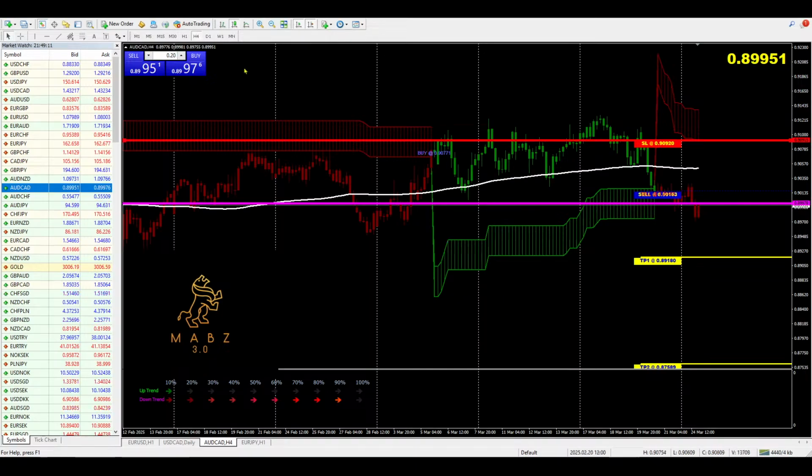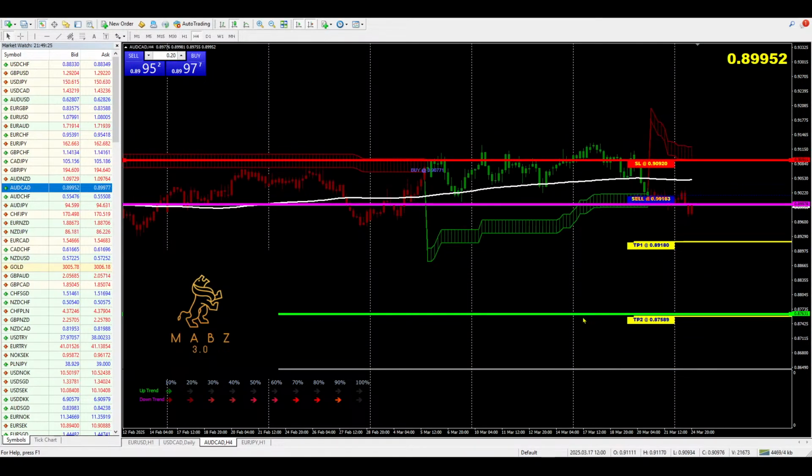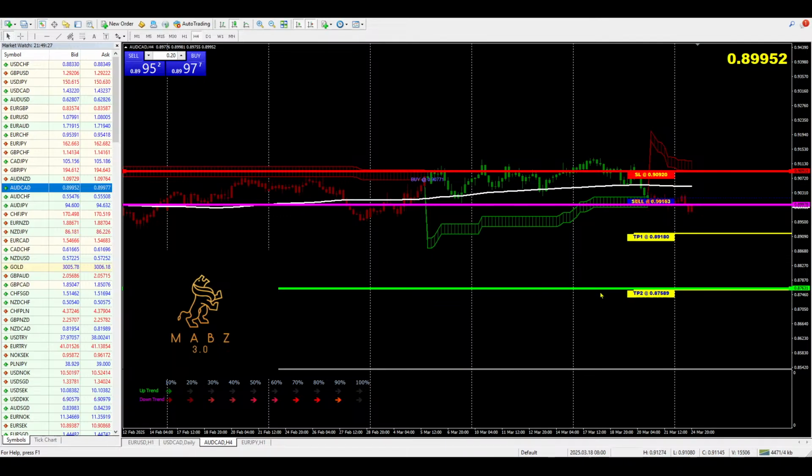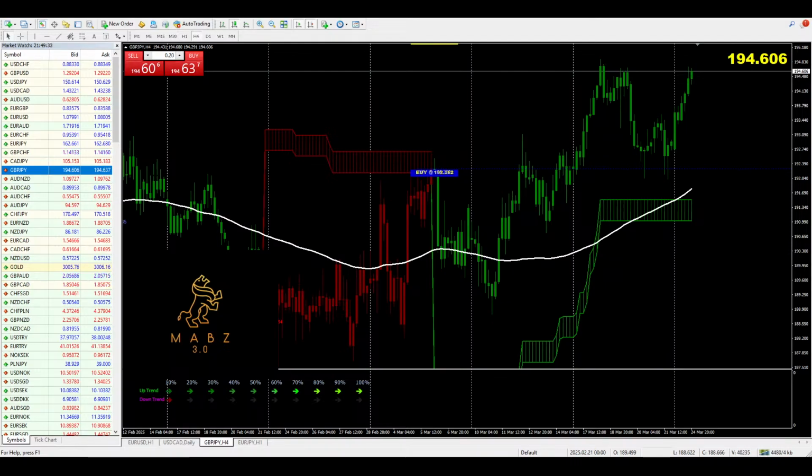So we put the stop loss at the red line, and then we put our first take profit at that line right there at TP1 with guidance of the software, or we put it at TP2 or TP3 or whatever the case may be. So that's basically how you find a sell trade.